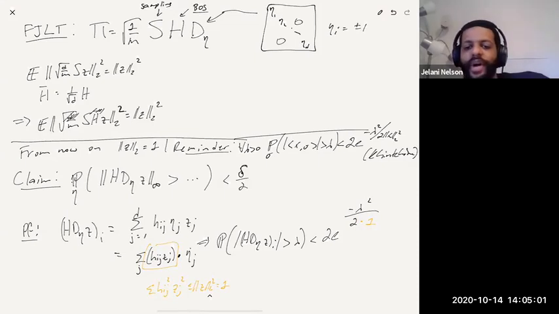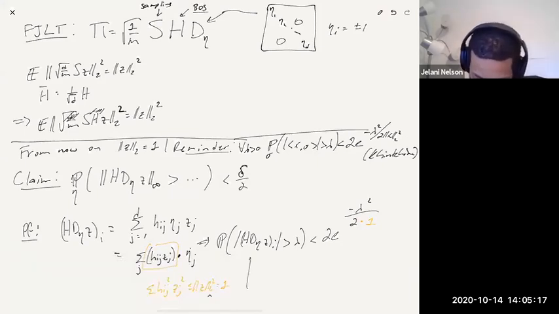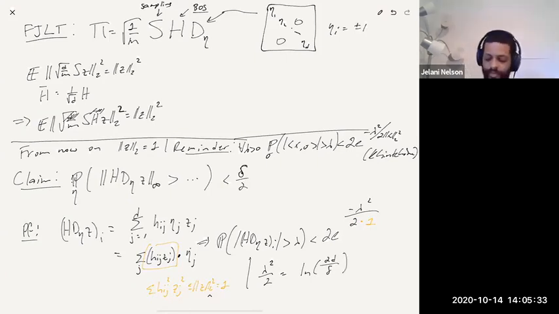So good. If I'm aiming for a failure probability, what do I want here? I want my failure probability to be less than delta over 2d, because I'm going to union bound over all i. There are d choices of i. So that tells me how I should set lambda. If I want lambda squared over 2 to be equal to the ln of 2d over delta, and also don't forget that I should actually make this 4d because I want to kill this 2 also.